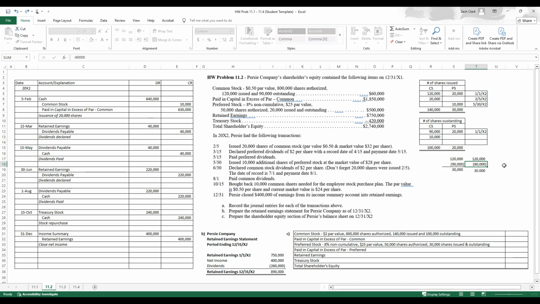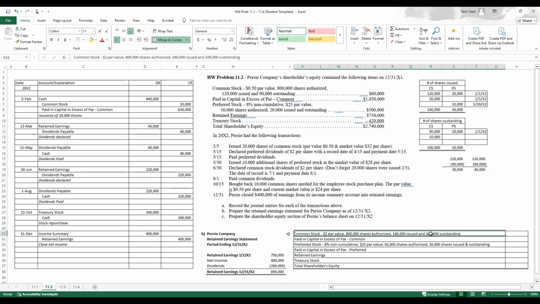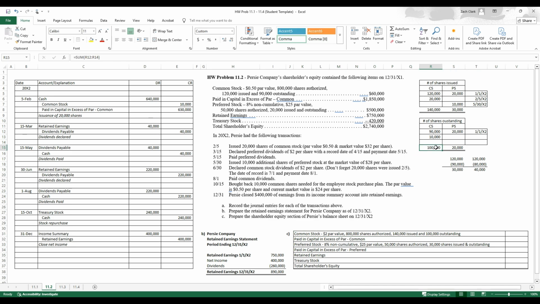That would be 80,000 outstanding then, because we bought back 10,000 shares. Oh, but we did issue 20,000. That's right. Okay, so we do need to combine those. Gosh, this gets a little confusing. We started with 100,000 shares outstanding, but then we added 20,000.